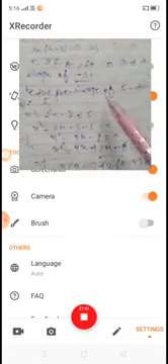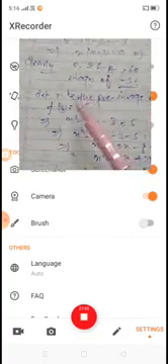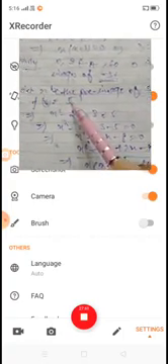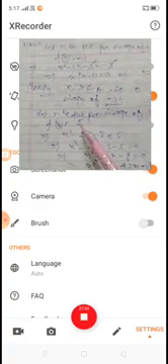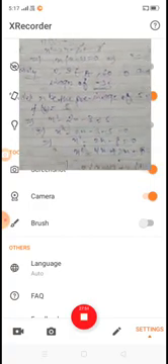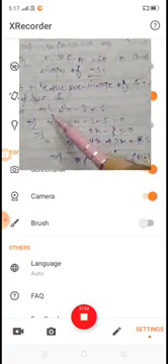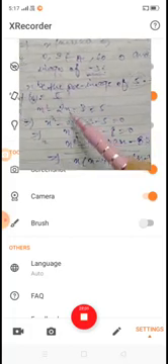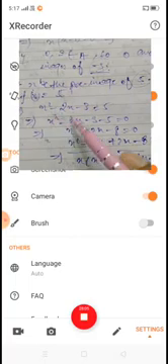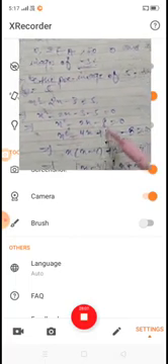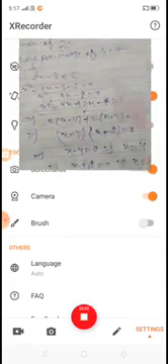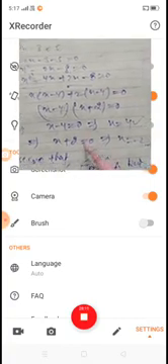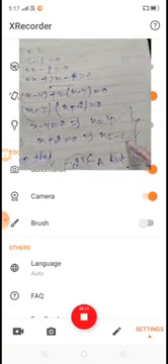Similarly for finding the pre-image of 5, you assume that x is the pre-image of 5, that is f of x is equal to 5. Now we put the value of the function f of x, and after solving the quadratic equation we find two possible values of x, which are 4 and minus 2.